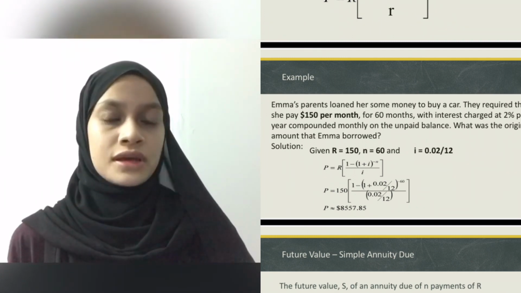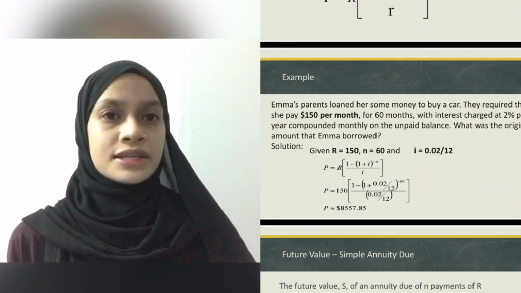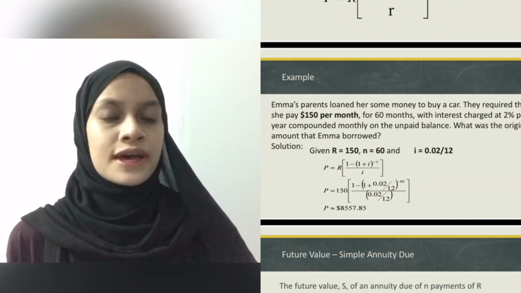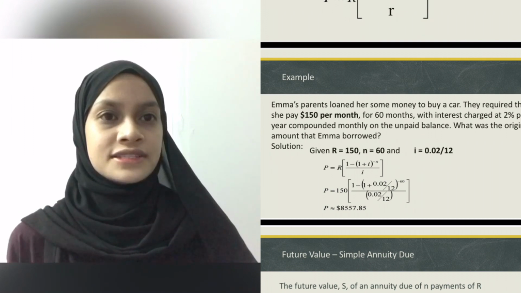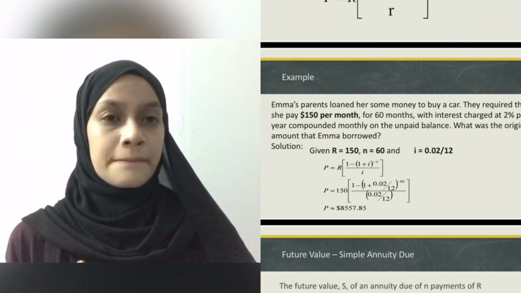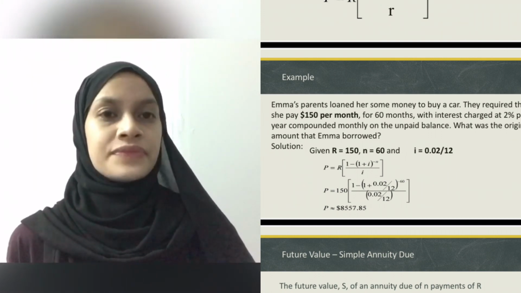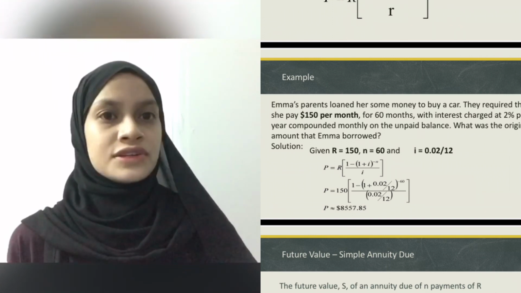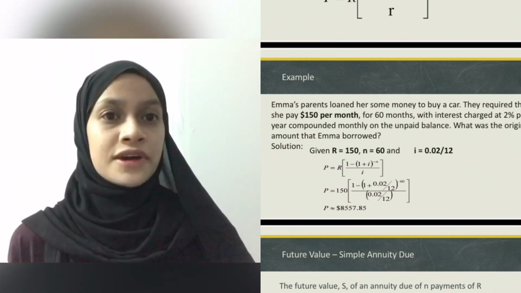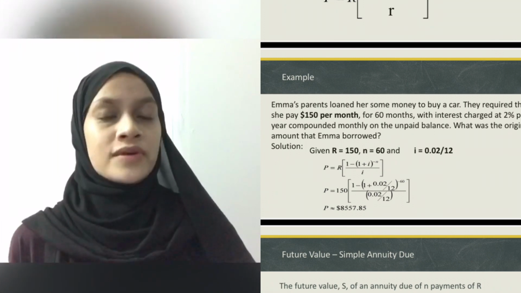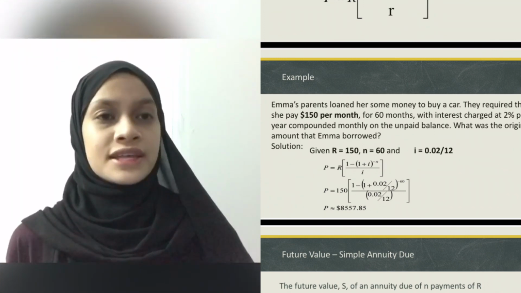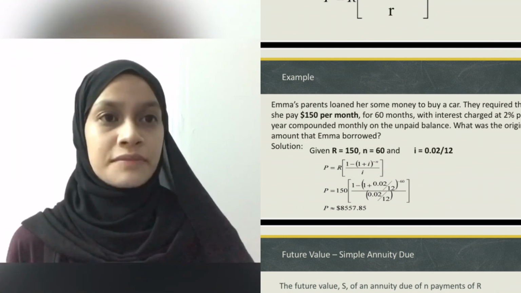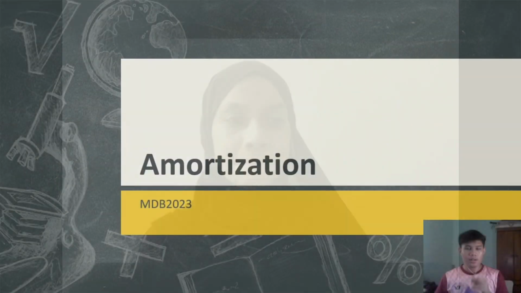So solution, given R is 150 and N is 60 months, and the interest rate is 0.02, but we need to divide by 12 because it's compounded monthly. So we can easily get the answer by using the present value of ordinary simple annuity.